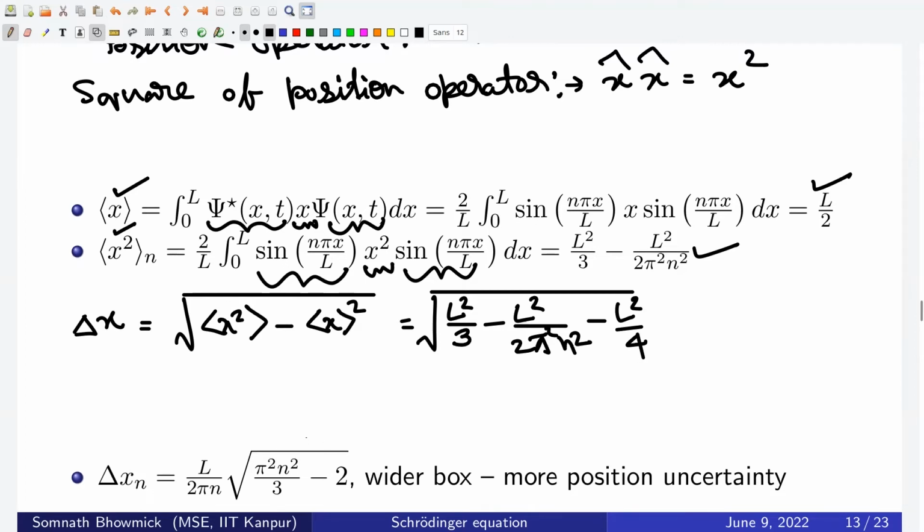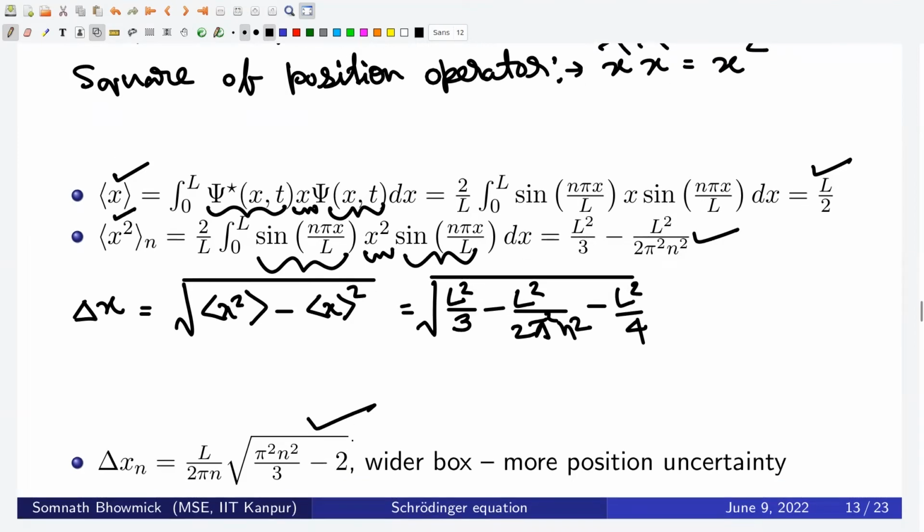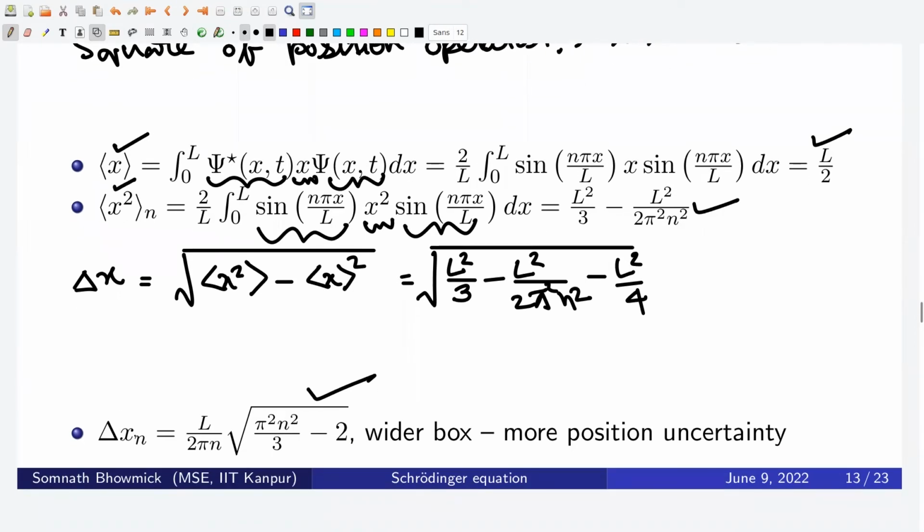And that turns out to be this number. And you see that the position uncertainty is proportional to L. That means wider the box, there is more position uncertainty, which makes perfect sense.